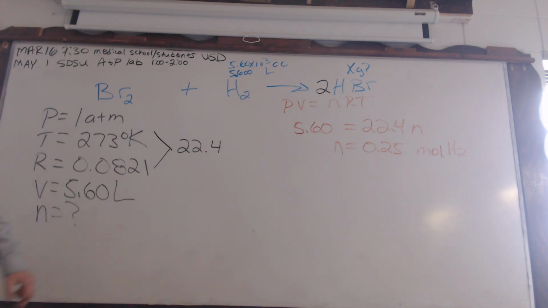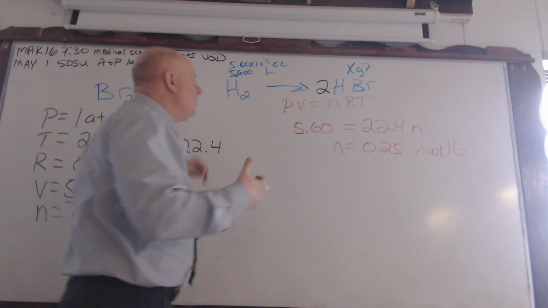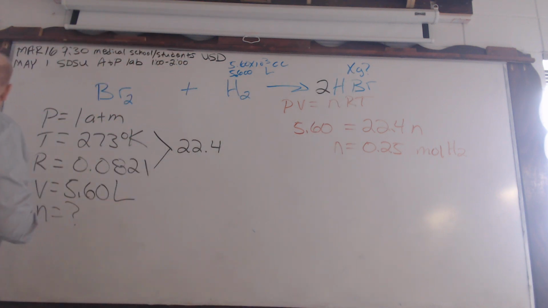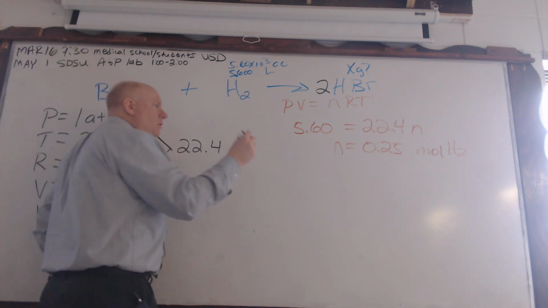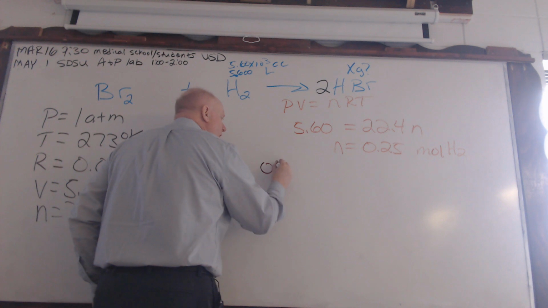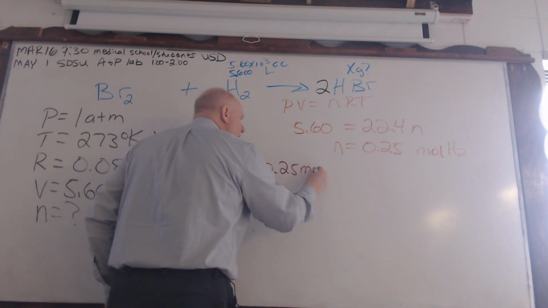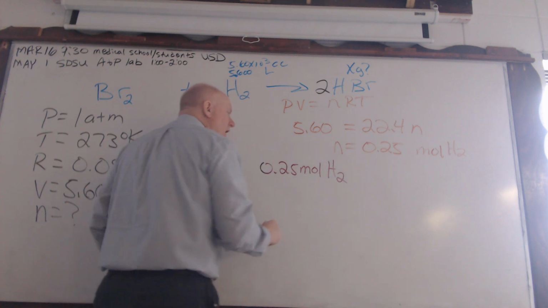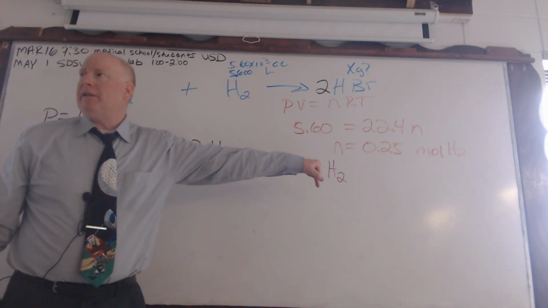Now you can convert moles of this substance into grams of this. So now we've got 0.25 moles of hydrogen, even though you're not looking for a mass of this.